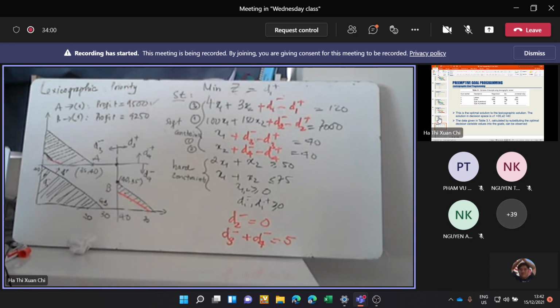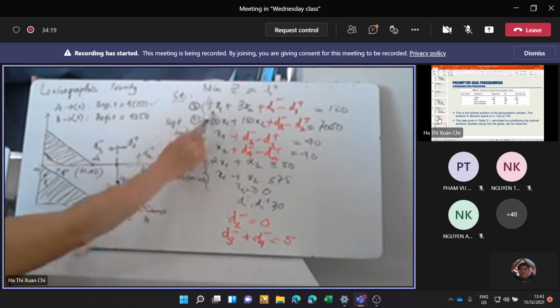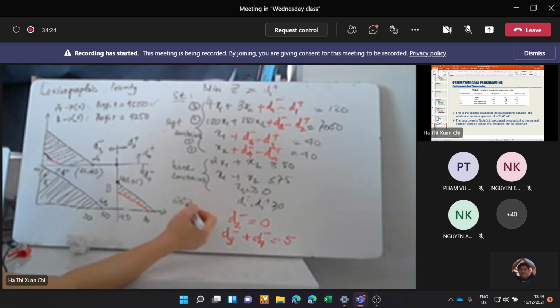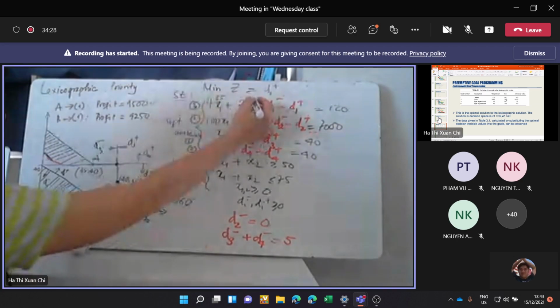The labor. For example here, 35 times 4 plus 3 times 40. You substitute the point into this one, with 35 here and 40 here.